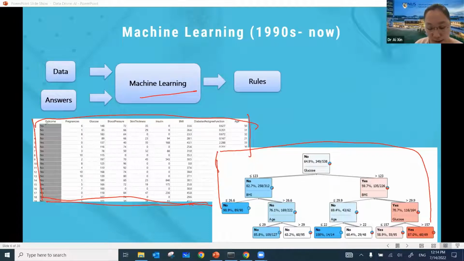Then feed those data into the machine learning model, and the model will be able to learn a set of rules to diagnose heart disease as well. That's the biggest difference between symbolic AI and machine learning. Machine learning learns all the rules through data, but at the symbolic AI stage, all the rules need to be set by the experts.